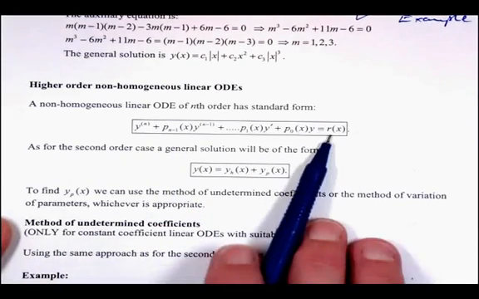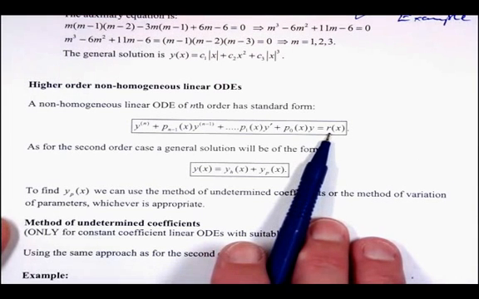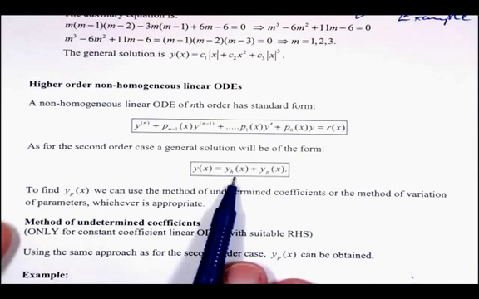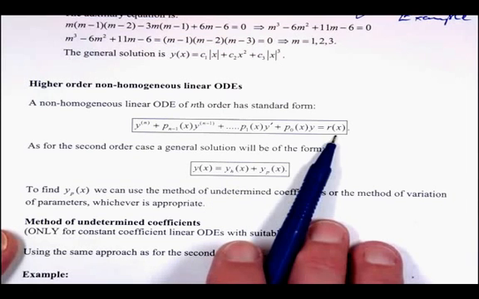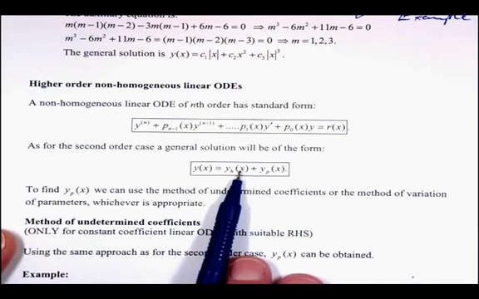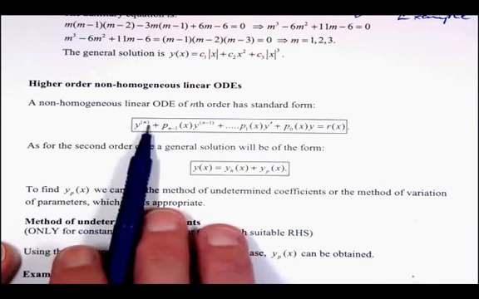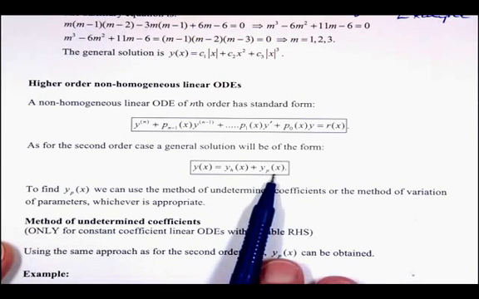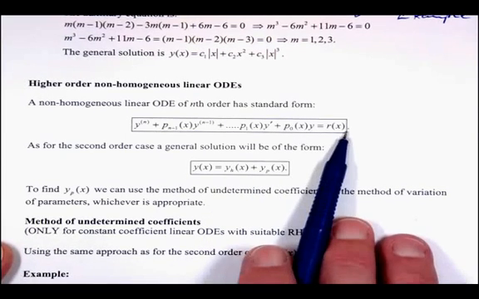But what do we do if it's not homogeneous, if it's some function of x on the other side? Well, because of the linearity, and this is one of the things that makes linear equations important, if we have a non-homogeneous equation, we can build up the general solution by finding the homogeneous solution, which has the n arbitrary constants that we need for the general solution, and any particular solution that makes the left-hand side equal the right-hand side.